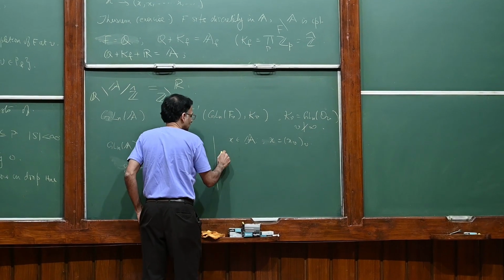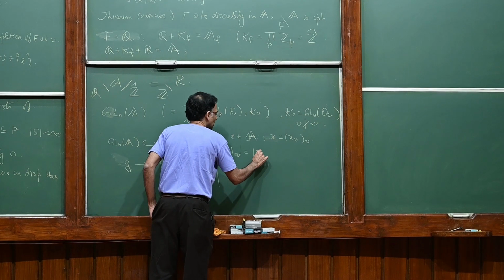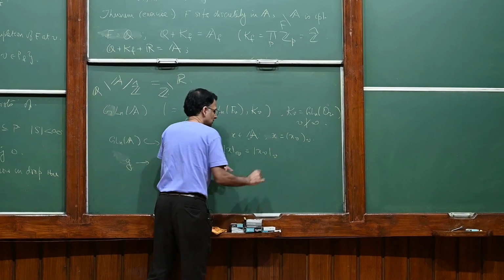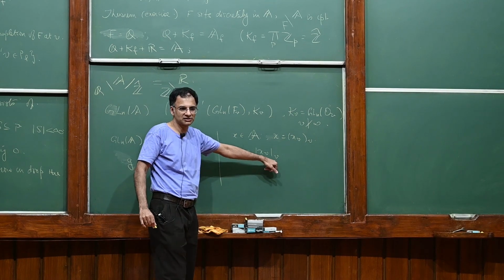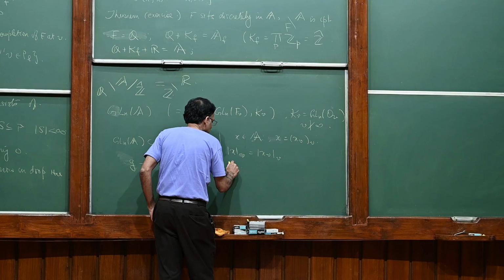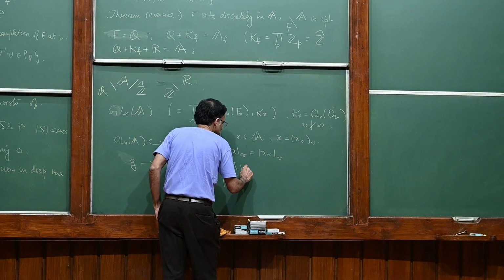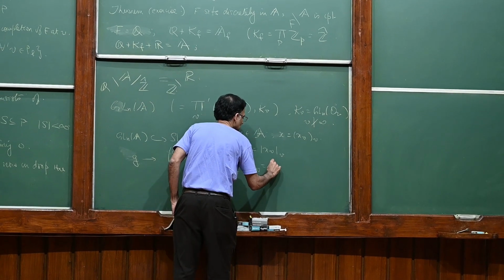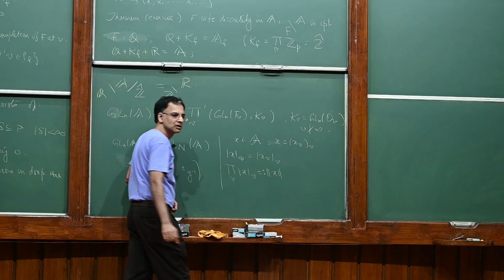And so we can define the vth norm of x to be the vth norm of xv. So you take the vth component and take its absolute value, and then if you take the product of these things, you get the adelic norm. Okay, that's a definition.